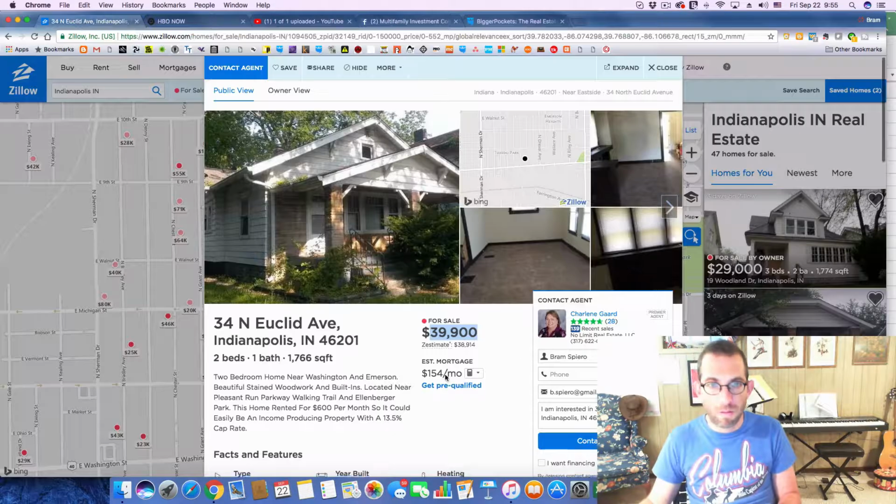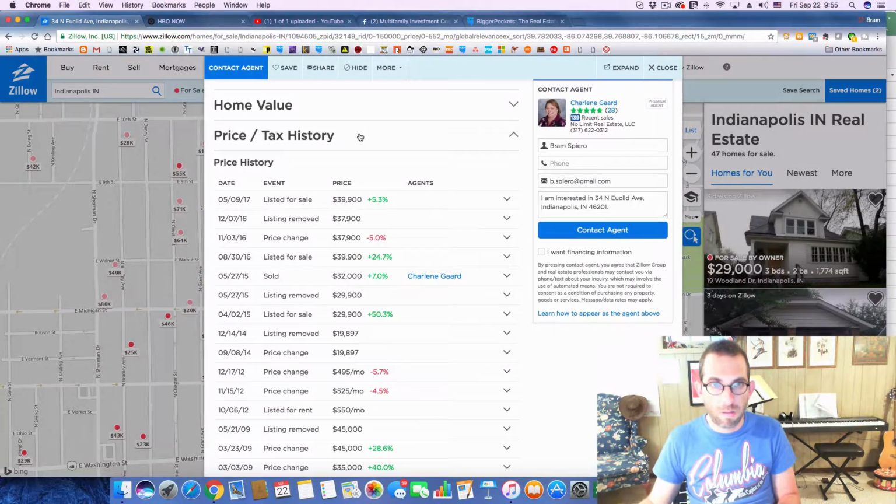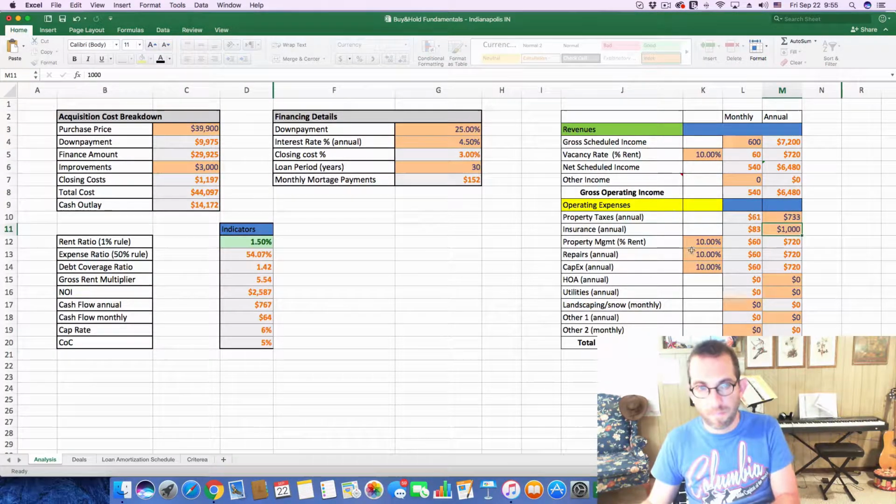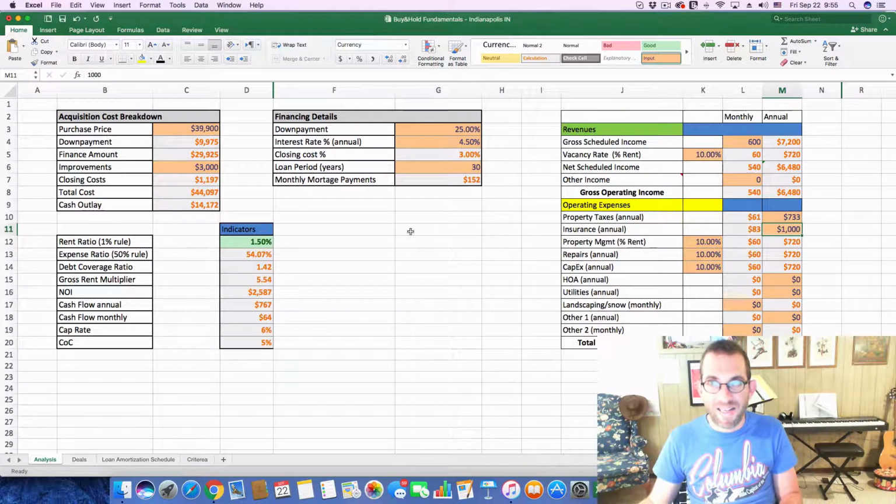600 taxes. 733. Right. I don't know how we figured out the cap rate. But that's nowhere near 13.5%. I guess if you don't have any vacancies, repairs, capex expenses, property management, you buy everything cash, maybe.